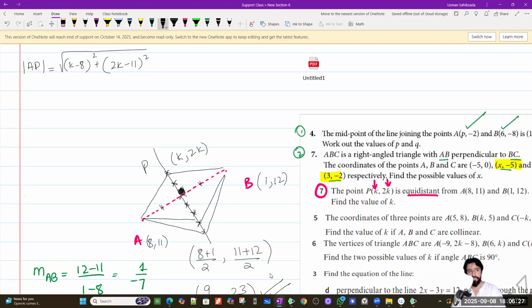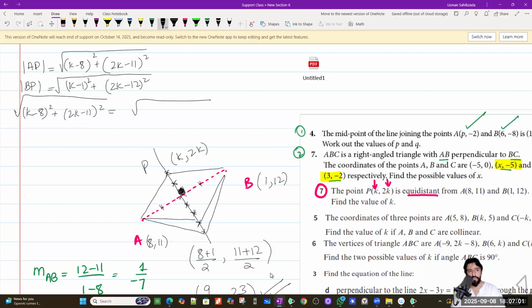And similarly, BP distance is x2 minus x1 squared plus y2 minus y1 squared whole under root. And since they're equidistant, you can equate them. So k minus 8 squared plus 2k minus 11 squared under root on both sides, which gets cancelled by squaring both sides.